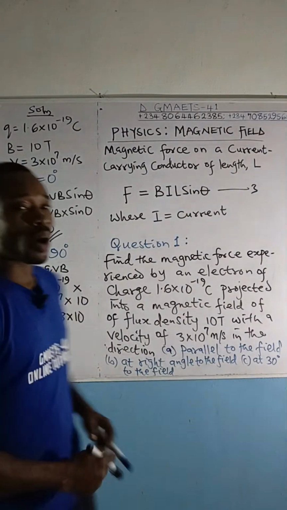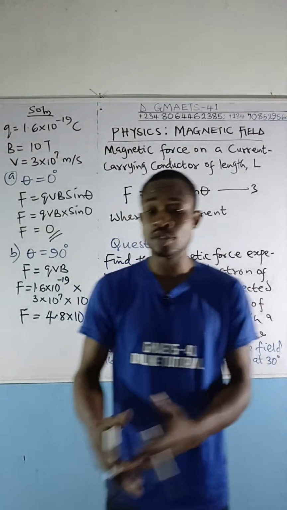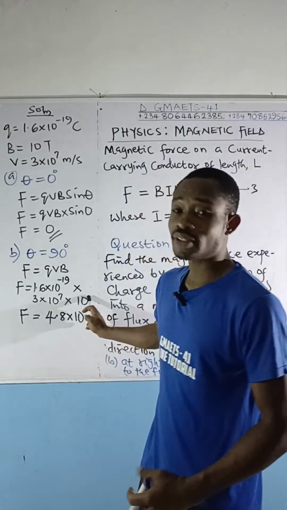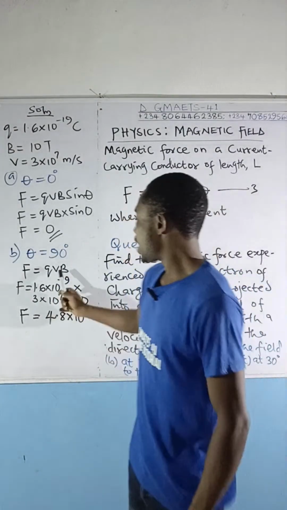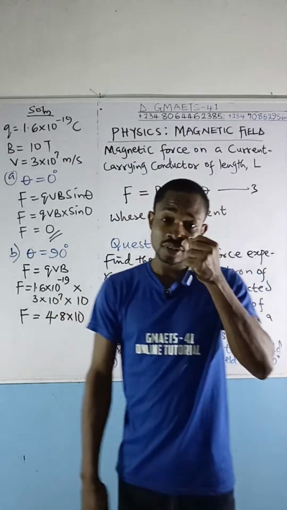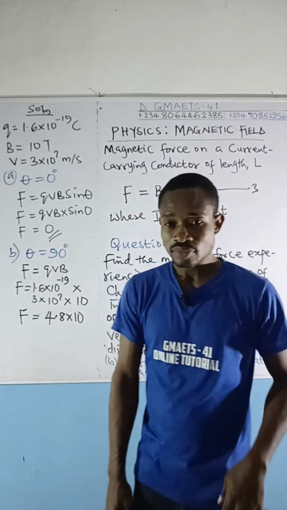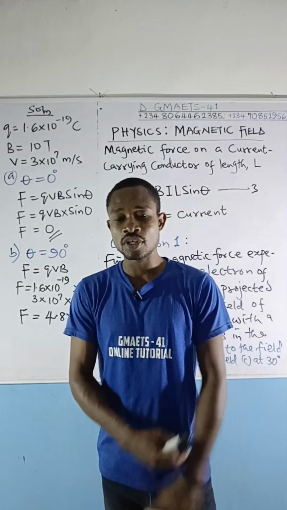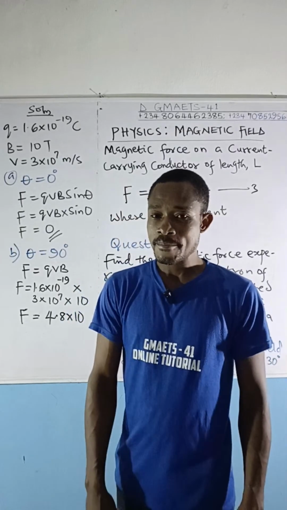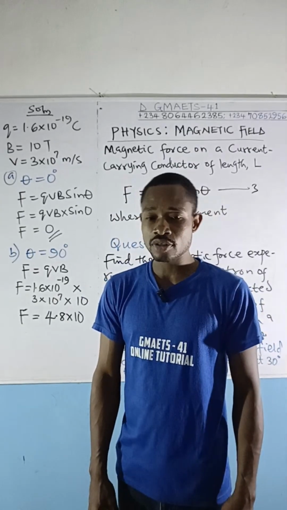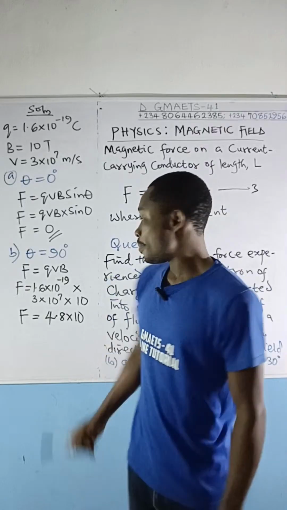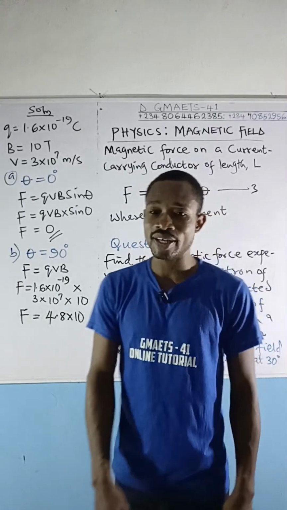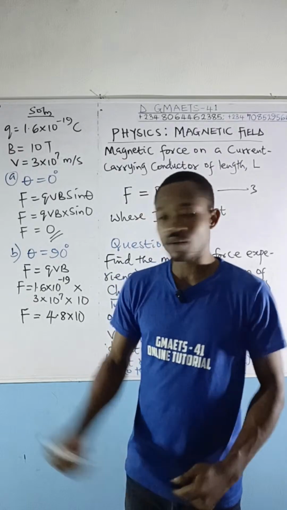Now add the powers of 10: minus 19, 7, and 1. Minus 19 plus 7 will give you minus 12, right? Then minus 12 plus 1 would give you minus 11.